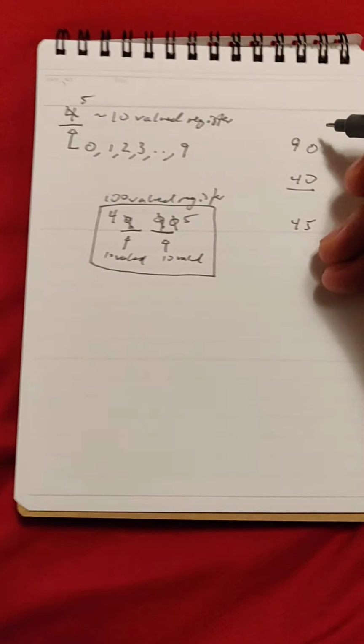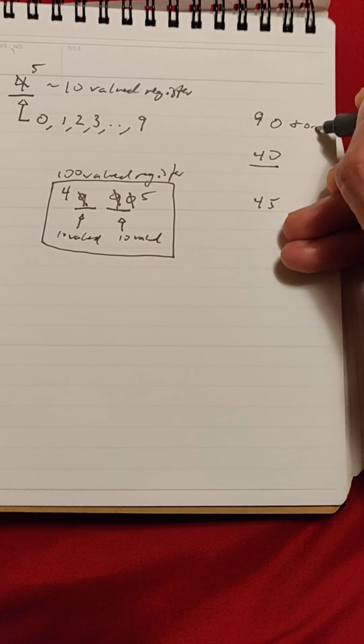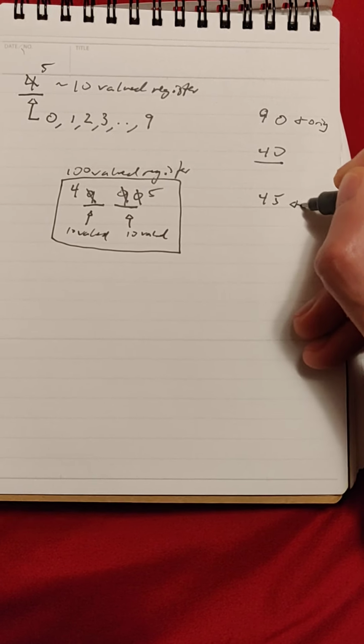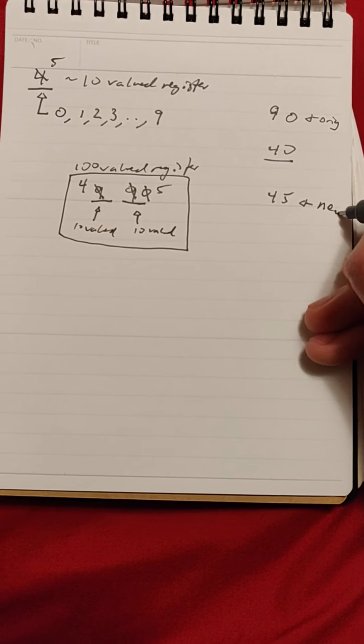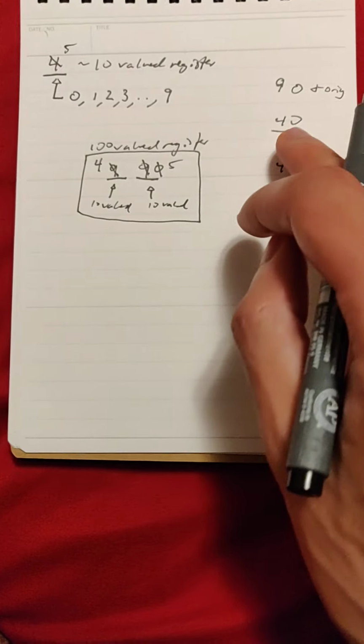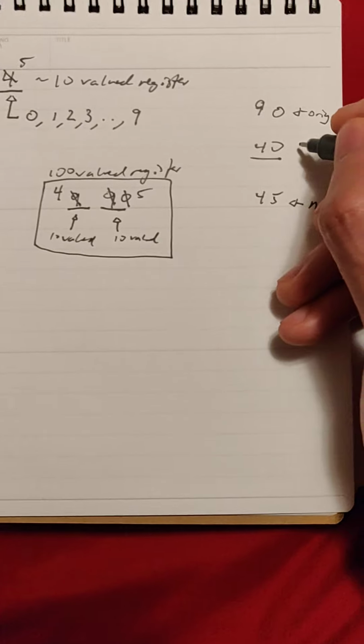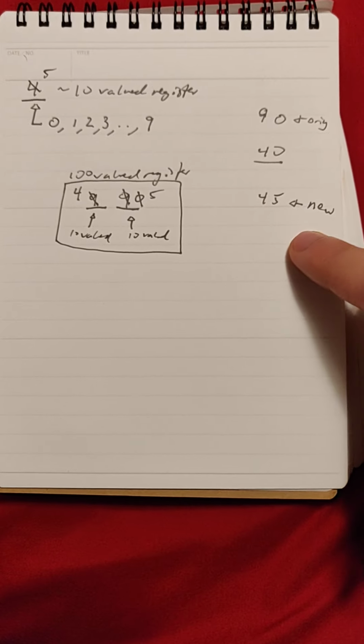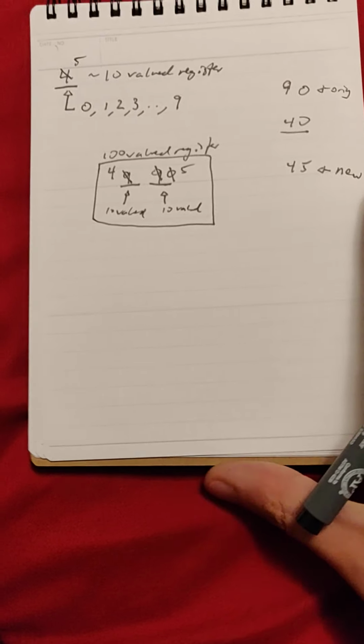So the original value was 90. The new value is 45, but someone came inside, they saw this in-between state, this invalid value. They saw a 40, but that's neither the original nor the new value. It's completely useless, because the writer never wanted them to see a 40, it just happened to be written in. It's an error. It's not what you want.